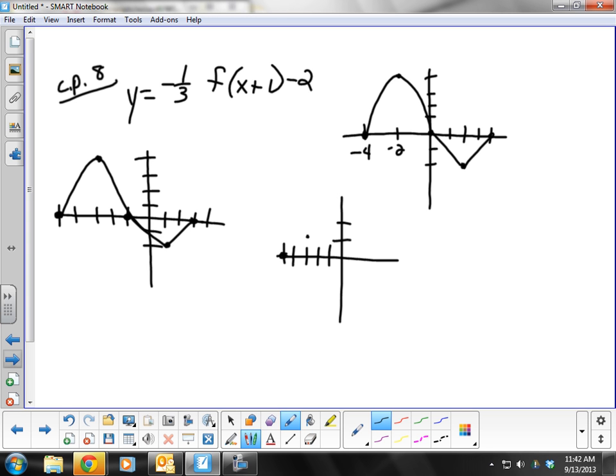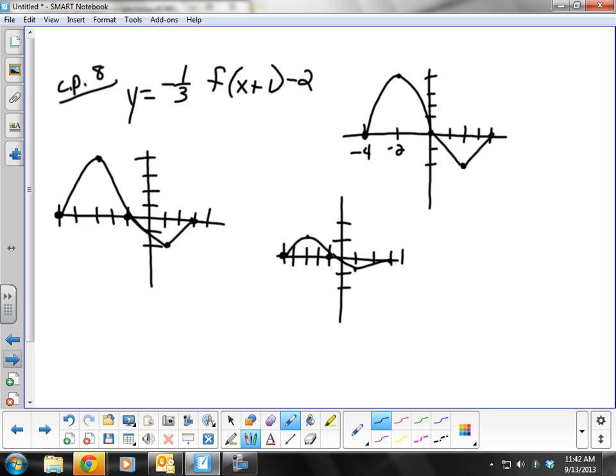And then the next point that's at 0 will stay at 0. Now the next point that was at 1, -2, when I multiply it by 1/3, is going to be at -2/3. So it'll be about right there. And then the point that was at 3, 0 will stay at 0. So we definitely shrunk it, huh?